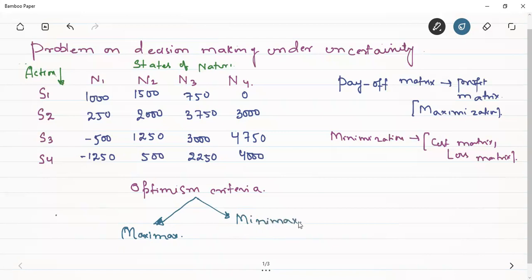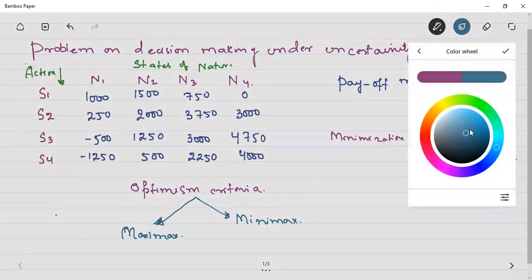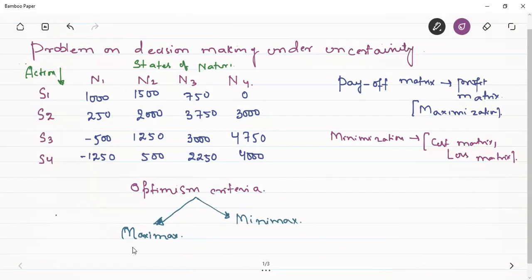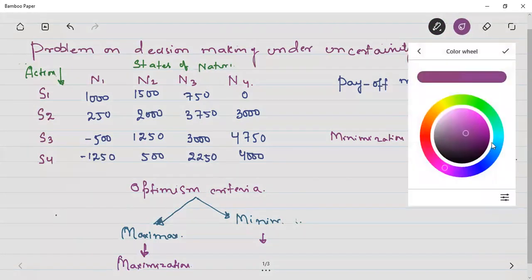Usually the matrix is a payoff matrix or a profit matrix. Therefore, we usually consider this Maximax criterion, which is for the maximization problem. And this Minimax criterion, sorry, this is Minimin in fact. Just a correction here, it is Minimin.